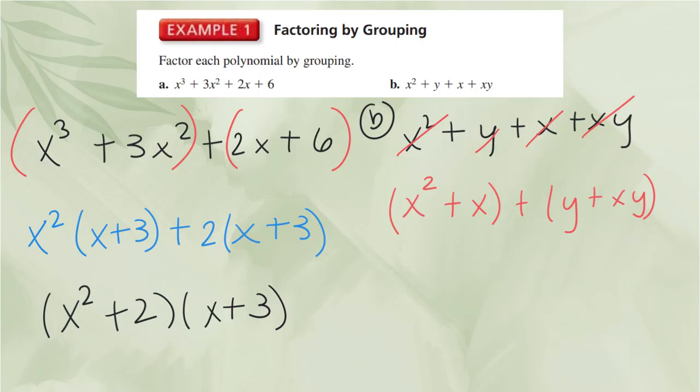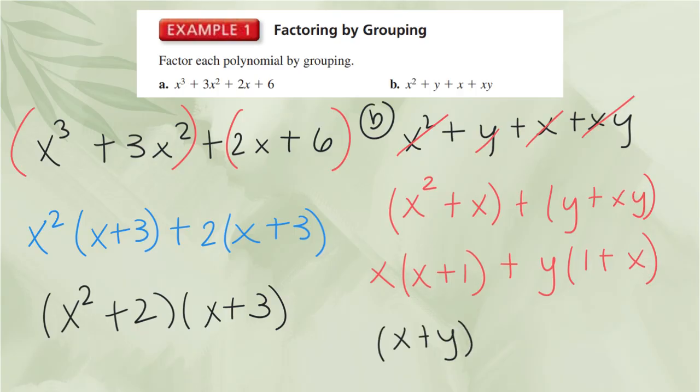On this first one, I could factor out an x, and I'm left with x plus 1. And in the second one, I can factor out y, and I'm left with 1 plus x. So my final answer is going to be x plus y times x plus 1.